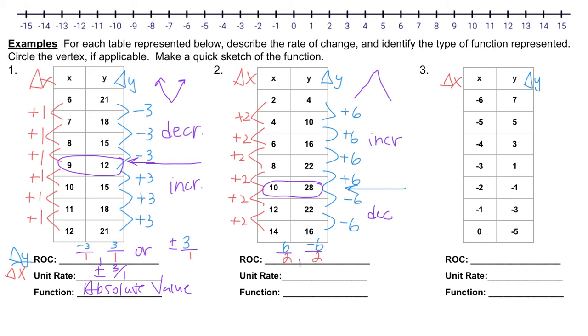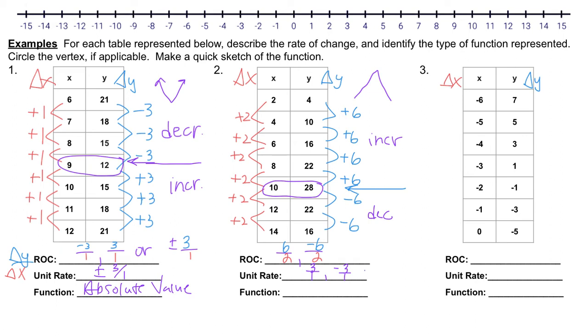You can see that I have +6/2, +6/2, and that's the same for these four values here. And then I have -6/2 as indicated here. For our unit rate, recall that our unit rate has to be something over 1. Both of these fractions, 6/2 and -6/2, can be divided by 2, goes into 6, so that would be 3/1 and -3/1.